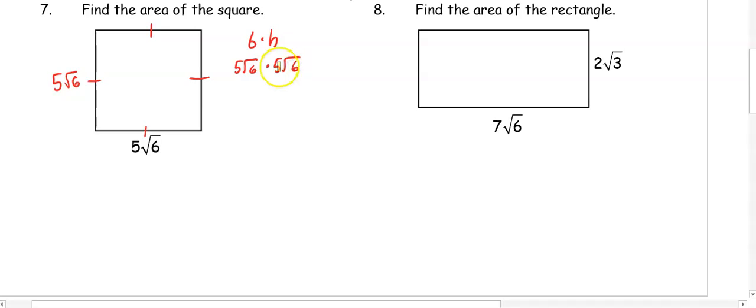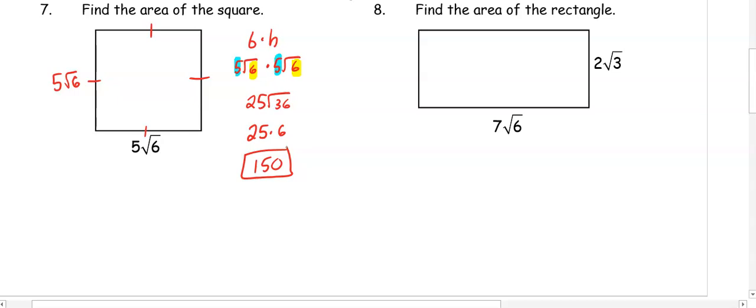The numbers on the outside are 5 and 5, and the numbers on the inside are 6 and 6. So when we multiply together, we get 25 root 36. 36 is a perfect square, so the square root of 36 is 6. So we have 25 times 6, and 25 times 6 gets us 150.